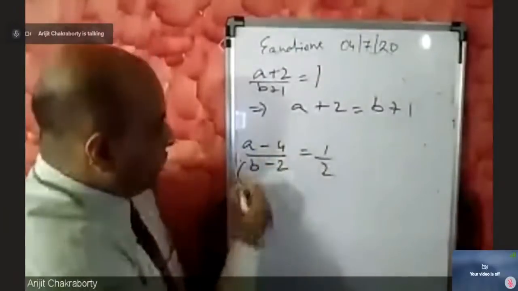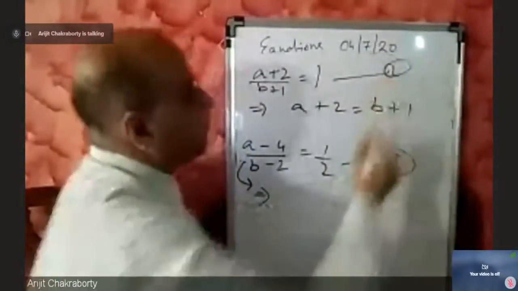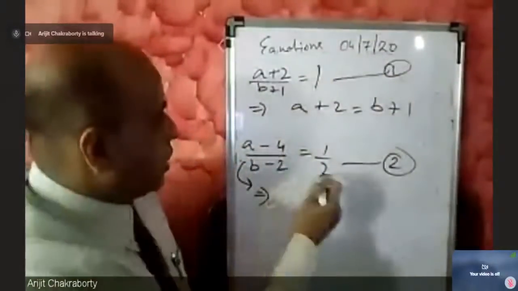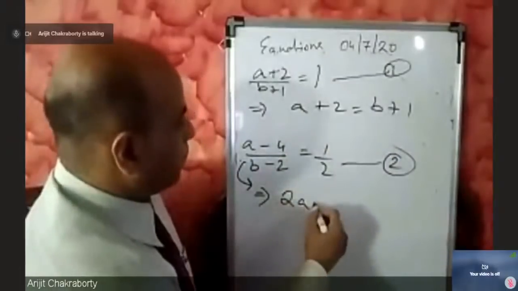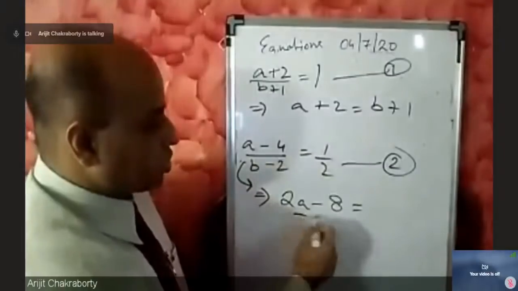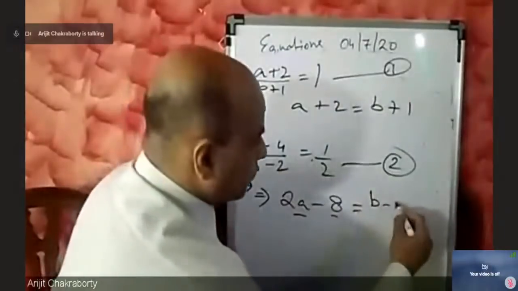From the second equation, if we cross multiply, we get 2 into a minus 2 into 4, so 2a minus 8 is equal to b minus 2.